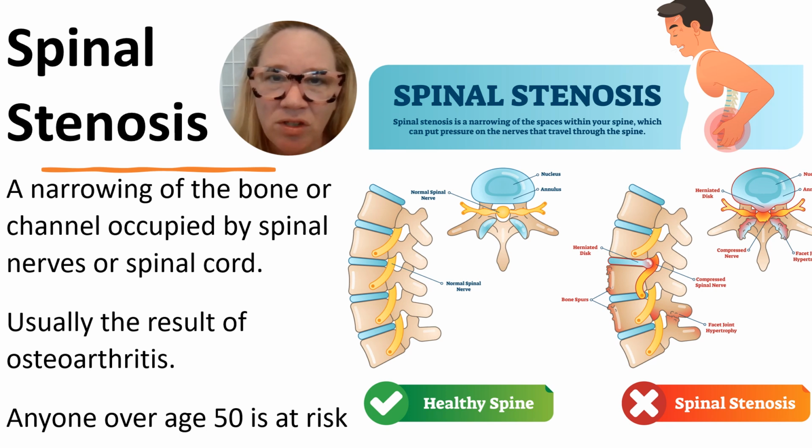Spinal stenosis is when the canal where nerve roots exit the vertebral spine narrows, and there can be pressure on those nerve roots, and that can cause pain and other undesirable side effects. It's usually the result of osteoarthritis, sometimes bone spurs develop on the spine, and more, and anyone over the age of 50 is at risk of developing spinal stenosis.